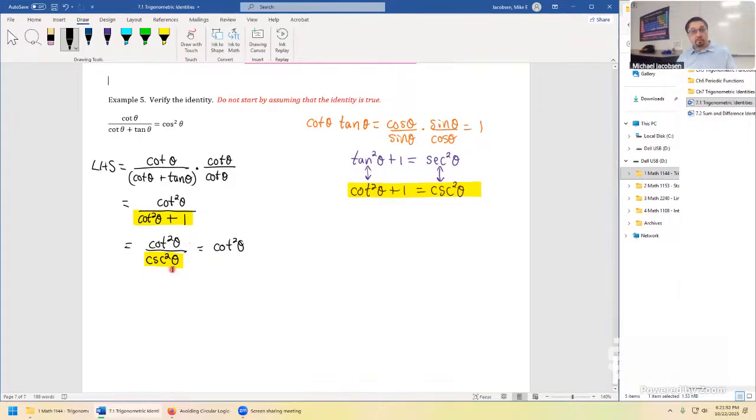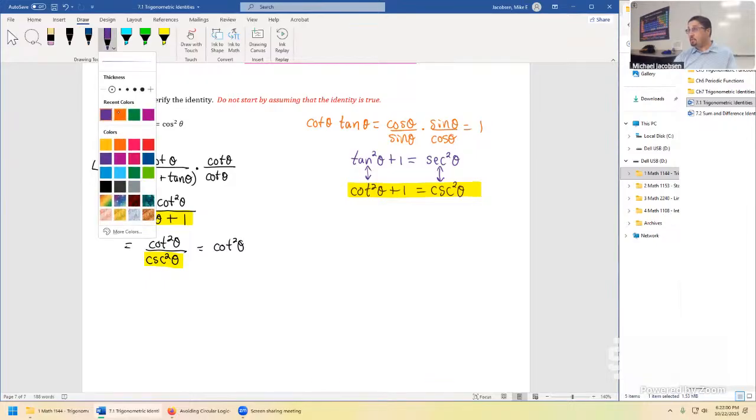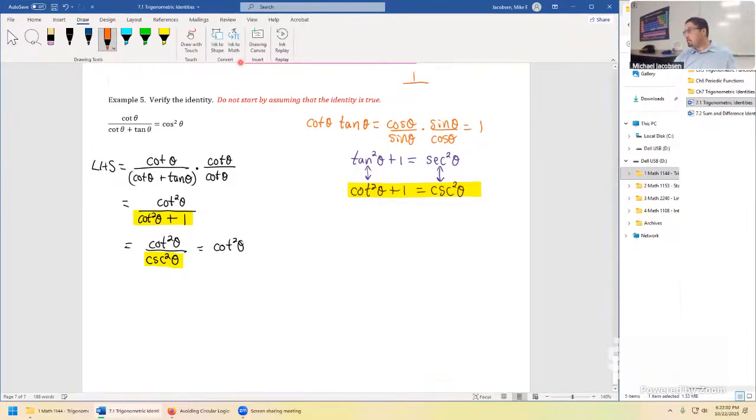If you have a function in the denominator like this one, you can bring it up into the numerator and just put in its cofunction. So the idea with that one is 1 over a cosecant theta, we have squared version, I'll just do it with power 1, is the same as sine theta.